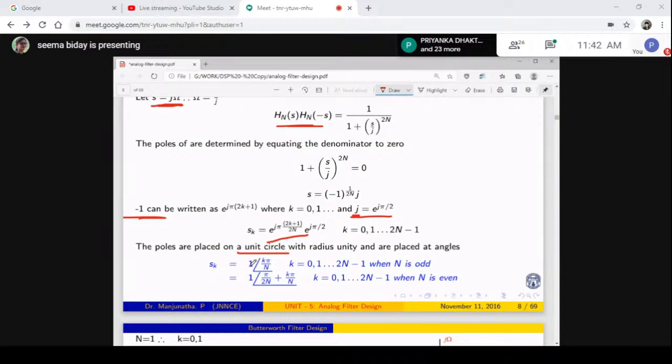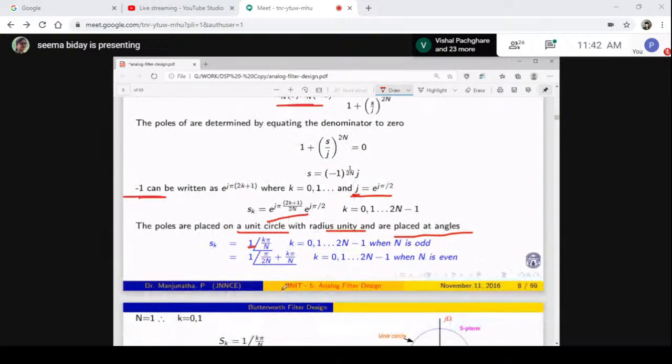So magnitude is 1 here in the polar form, magnitude and angle. So that's why the poles are placed on a unit circle with radius unity and are placed at angles equal to k pi divided by n. I hope everyone has noted and everyone has understood.